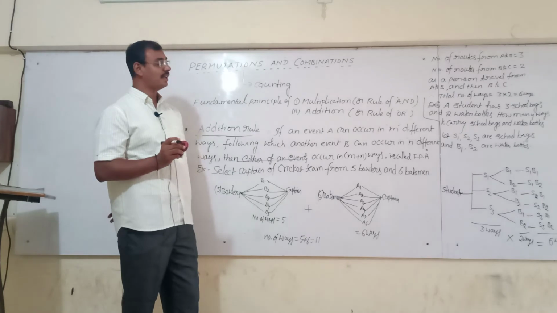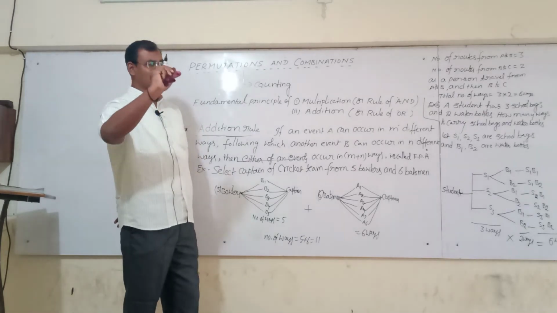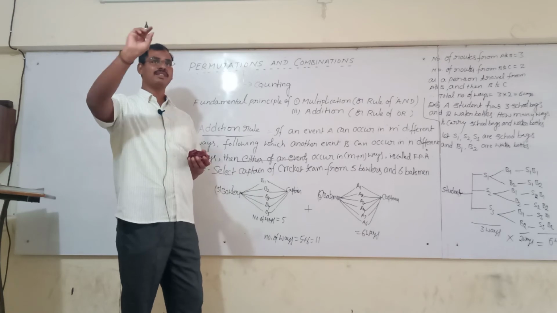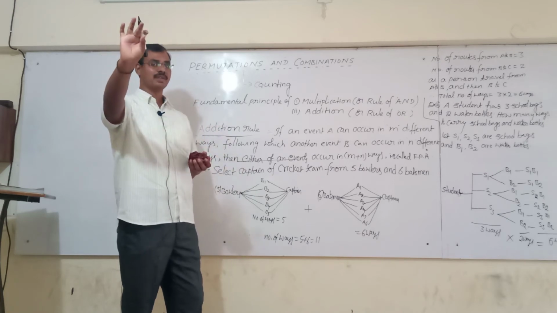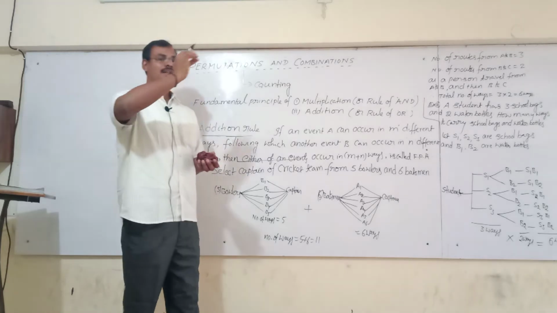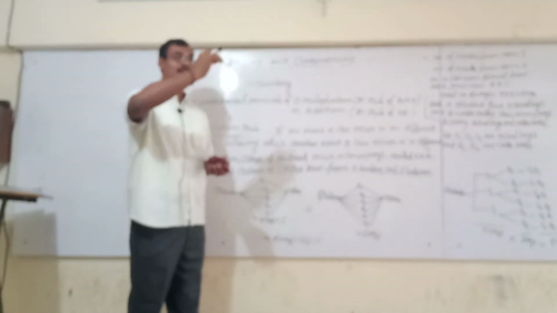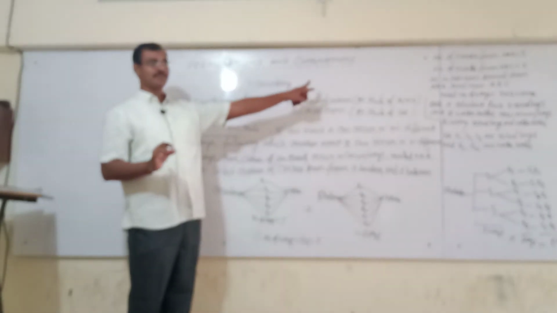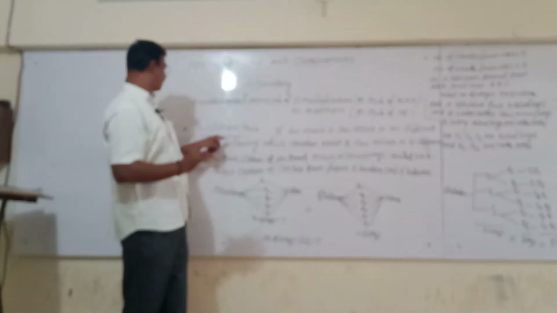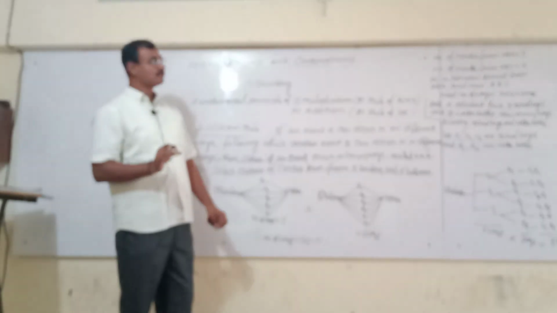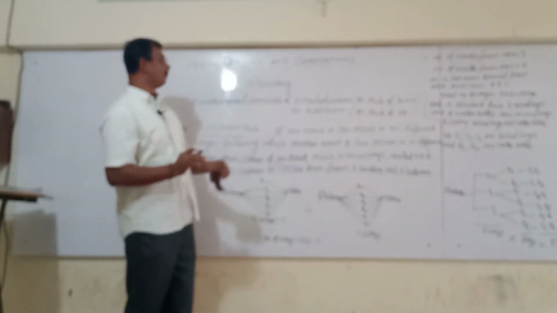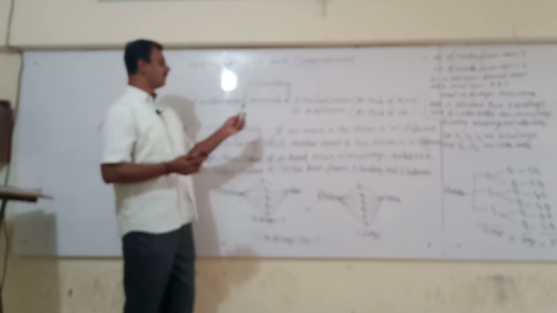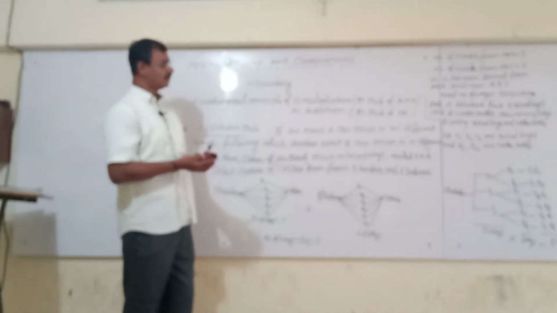Either-or means we follow the addition rule, and for "and" and further steps we use the multiplication rule. Why? Because these are independent events. So the fundamental principle of counting has two rules: the rule of multiplication and the rule of addition.